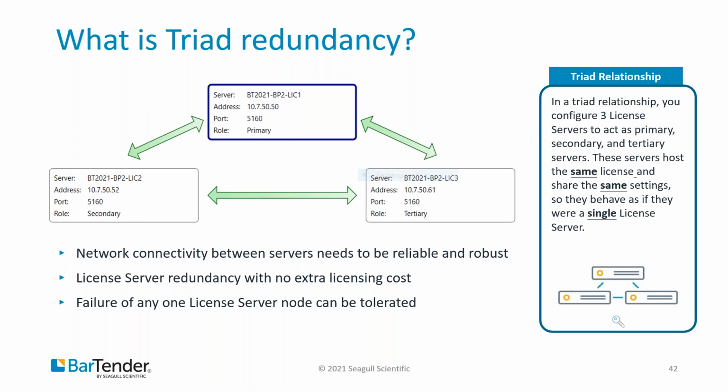So at the very least, you need 2 of those nodes to be running in order for the license server to still respond to your BarTender clients. So it allows for a failure of one server, which gives you somewhat more robustness of your license server.